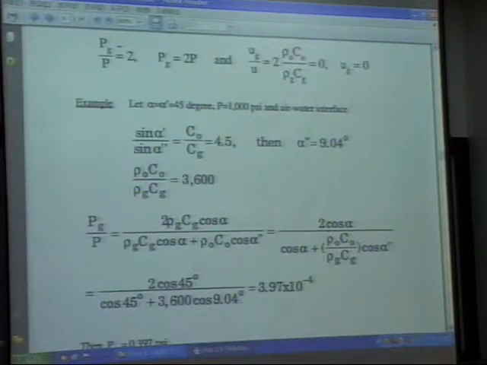So here, so alpha, this angle is alpha double prime. Have you seen this before? You write out Snell's law. Sine alpha double prime over C naught equals sine alpha over CG.